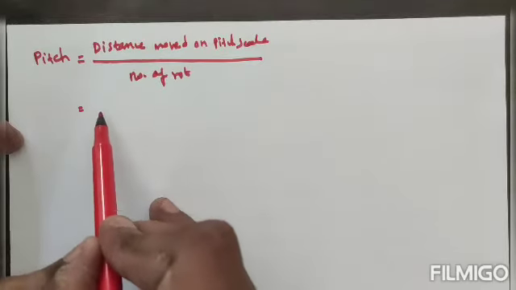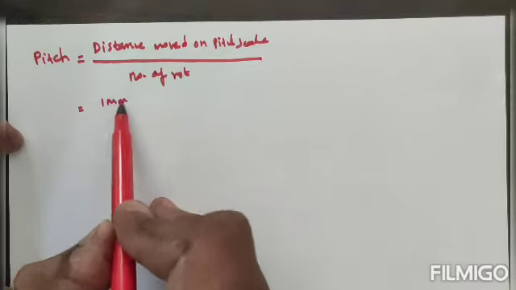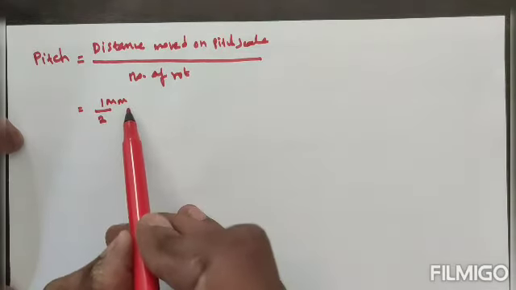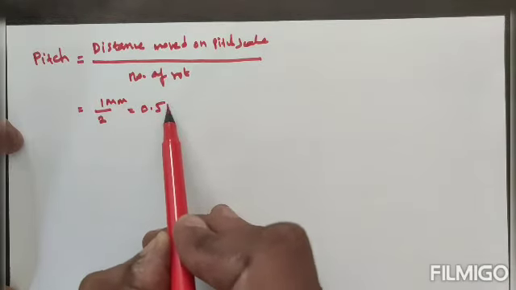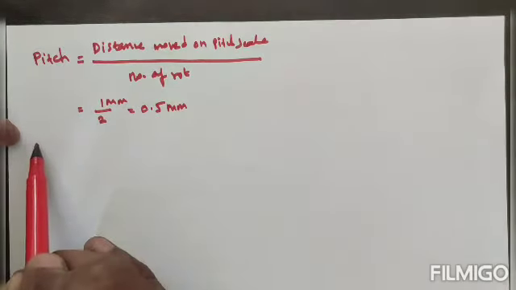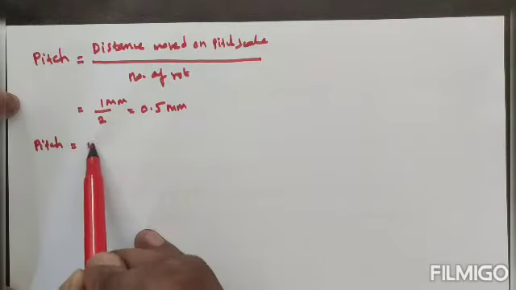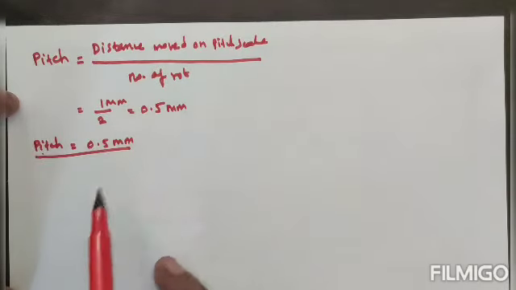Here the distance moved is 1 millimeter, and it is moving for how many rotations? For 2 rotations. So this is equal to 0.5 millimeter. This is known as the pitch value. So the pitch value we initially find is 0.5 millimeter.